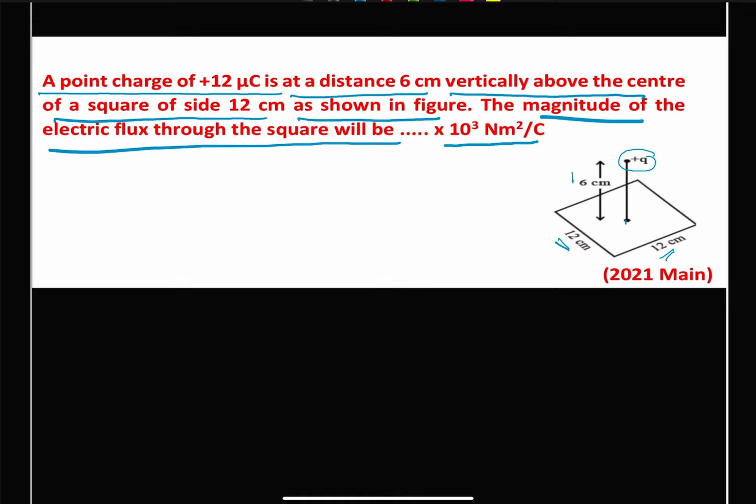And we are going to use Gauss law here, but the important part in Gauss law is that the charge should always be enclosed. So we have our Gauss law, which states that the total flux associated with the enclosed surface is basically the charge enclosed divided by epsilon naught.